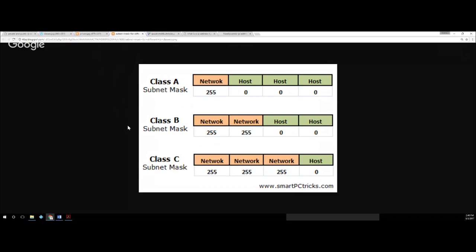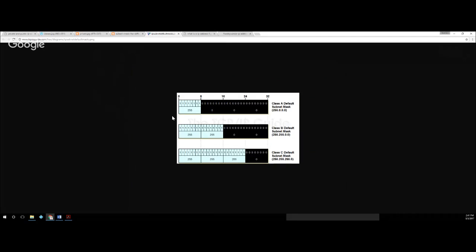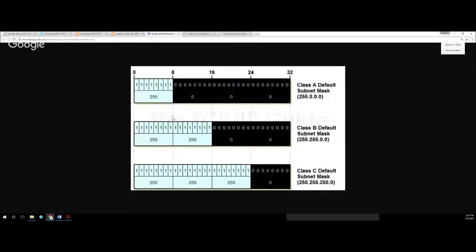The last two sections of the IPv4 address in this case are going to identify the singular device. Class C has a default subnet mask of 255.255.255.0, which means the first three are going to be the network identifier, and the last section is the host identifier. So let's take a look at a different picture and help explain that more.